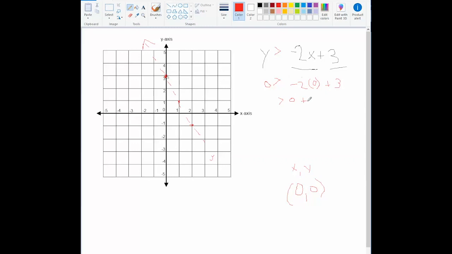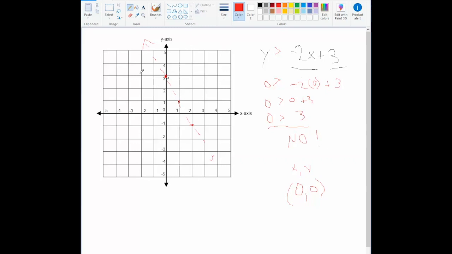And 0 plus 3 is +3. So when we plug in the point 0, 0, does it make a true statement? If you read this out loud, is 0 greater than 3? Hopefully the answer at this point you're saying is no way. No, that's not a true statement.